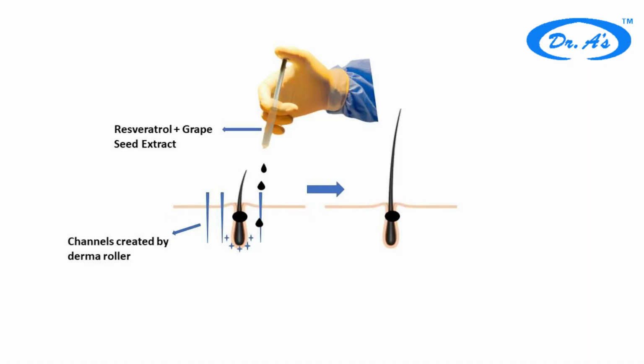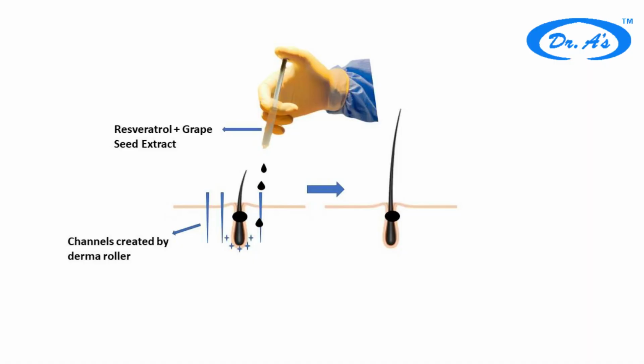Now we'll talk about the three targets of these molecules of gene therapy. The first is the keratinocytes in our hair follicle. Now resveratrol acts on the hair follicles, fisetin also does. It acts on the keratinocytes, those are cells in our hair follicle, and makes them produce more TERT, telomerase reverse transcriptase.